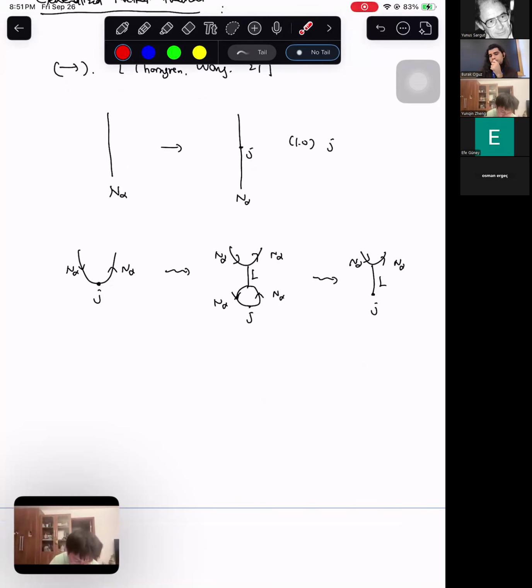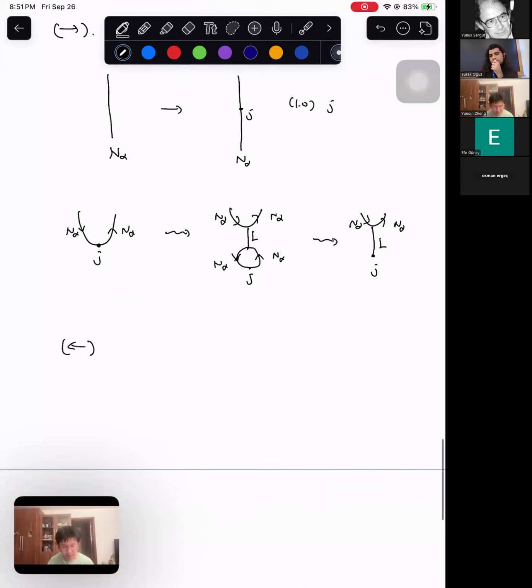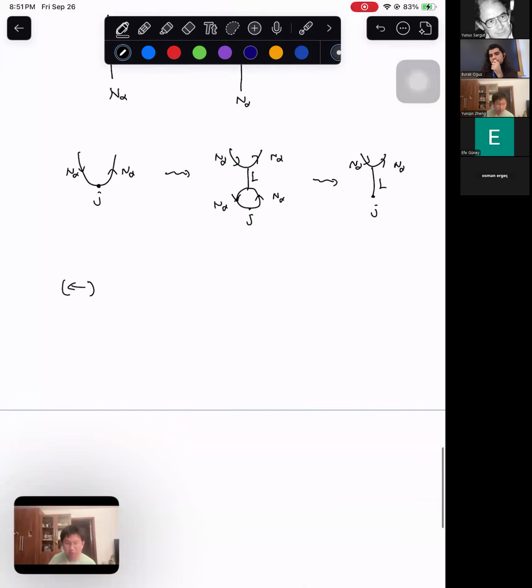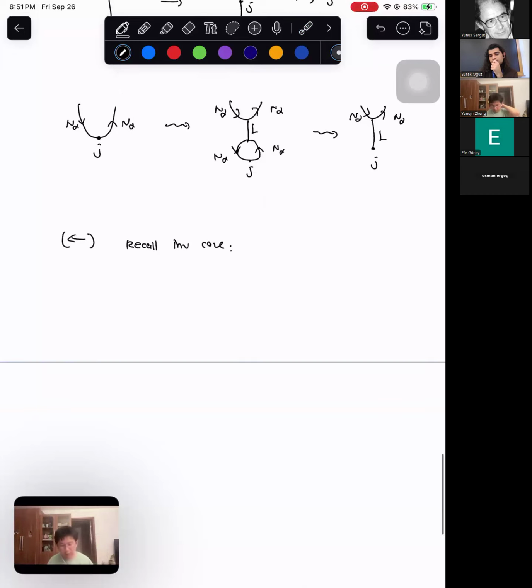Now, how about the other direction? Well, in order to see the other direction, let's first recall the invertible case. In the invertible case, how do we construct the topological operator from the current?